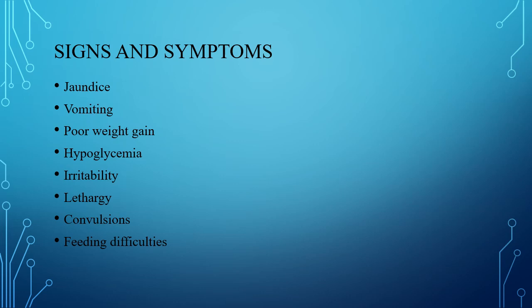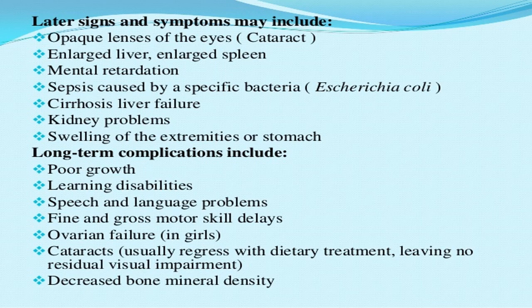So, these are the initial signs and symptoms the baby will present with: jaundice, vomiting, poor weight gain, irritability, lethargy, convulsions, feeding difficulties, and they may also have hypoglycemia. Later signs and symptoms will include the development of cataract, hepatomegaly, splenomegaly, mental retardation, infection, cirrhosis of the liver, renal failure, and swelling of the extremities.